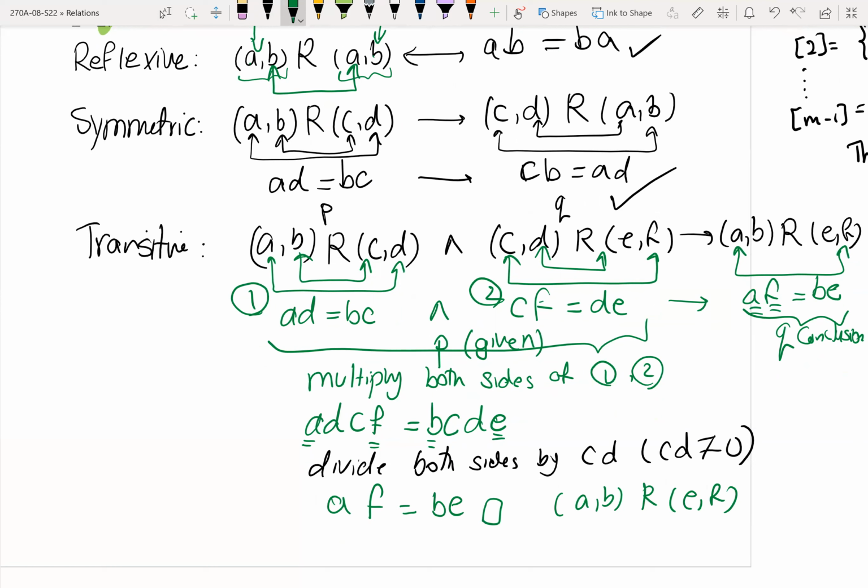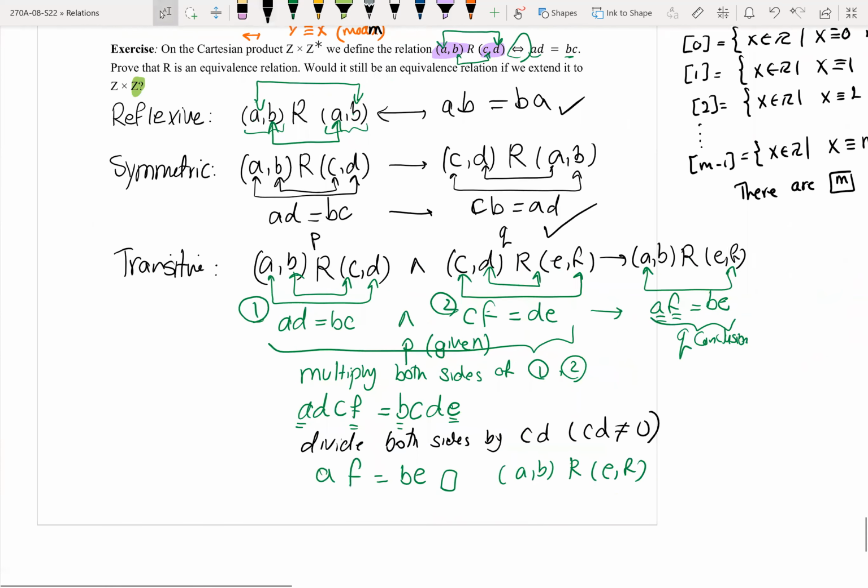This is CD not equal to 0, right? Because if C and D are 0, you can't divide them. So then I can answer this question: would it still be possible to make the equivalence relation if your Z star, which does not include 0, changes to Z, which includes 0?